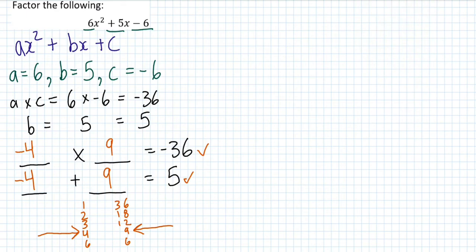Our next step is we're going to rewrite the expression, the very original question, 6x squared plus 5x minus 6. But we're going to use the new numbers we found, and rewrite it and elongate the question.